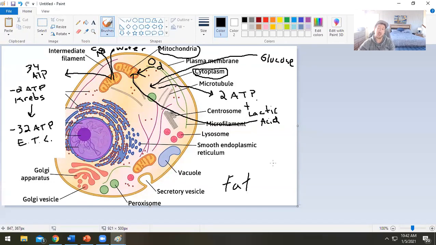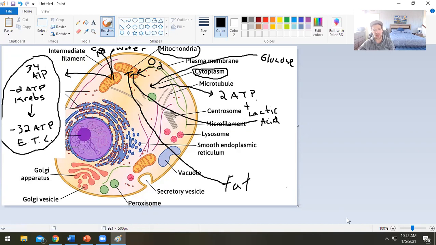Now, if I wanted to use fat as an energy source, because your body can use proteins, fats, or carbs, but it prefers to use glucose. Glucose is your body's favorite energy source. But your body can use fat. It basically just bypasses the glycolysis part, and it goes straight to the mitochondria, and it spits out ATP in this little process over here. That's how keto diets actually work.